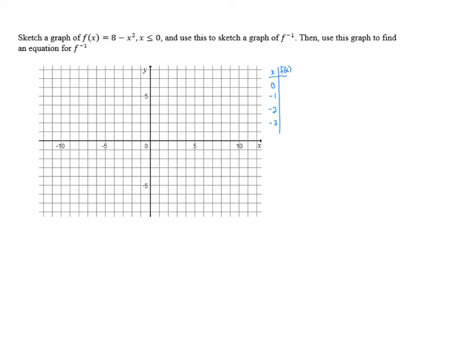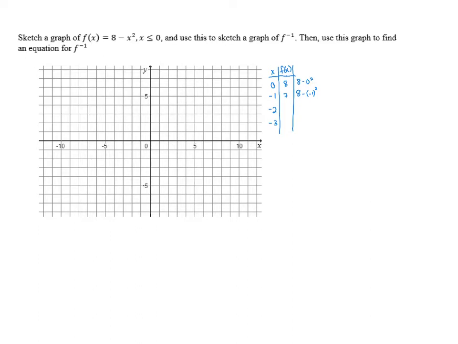When x is 0, we've got 8 minus 0 squared. 0 squared is 0, and 8 minus 0 is 8. When x is -1, we've got 8 minus -1 squared. -1 squared is 1, and 8 minus 1 is 7.